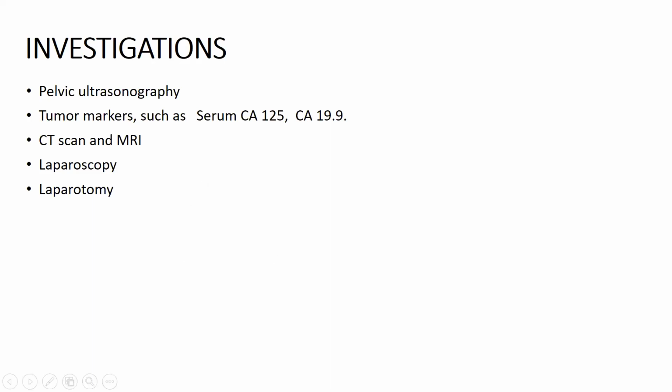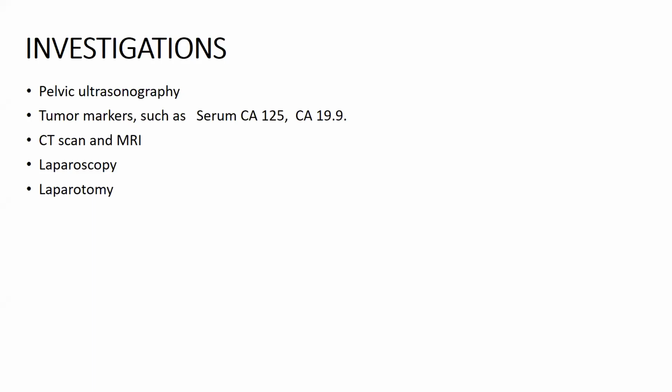These are different proteins or markers that are raised in ovarian tumors. But CA125 is not very specific because it can be raised in conditions like menstruation, intestinal infections, constipation, and if the patient is pregnant.